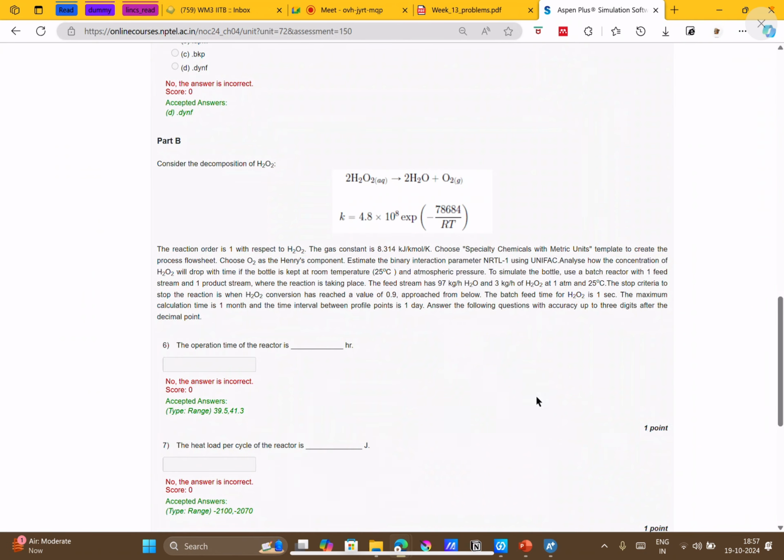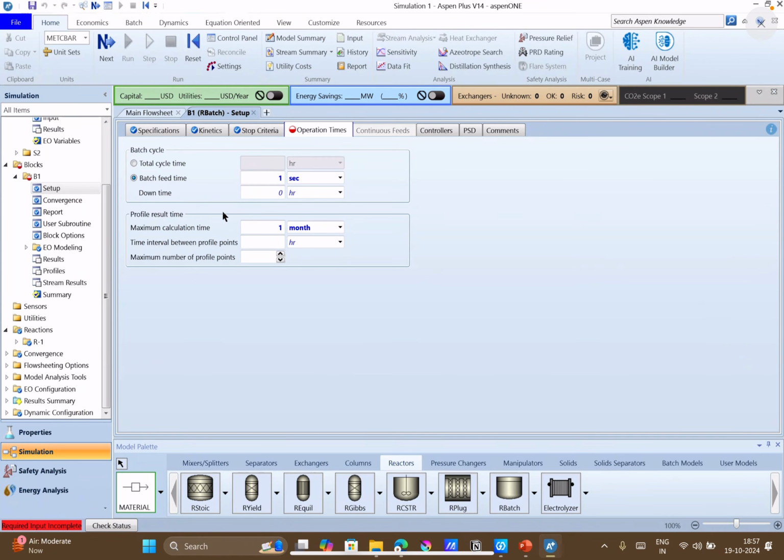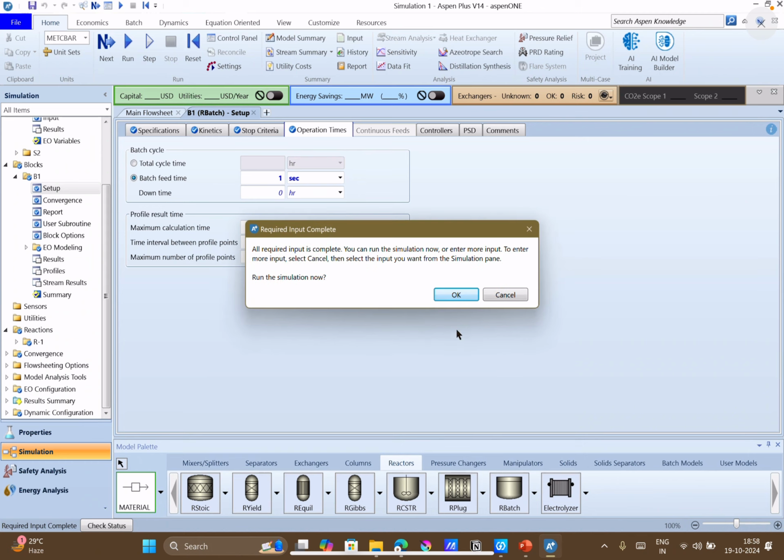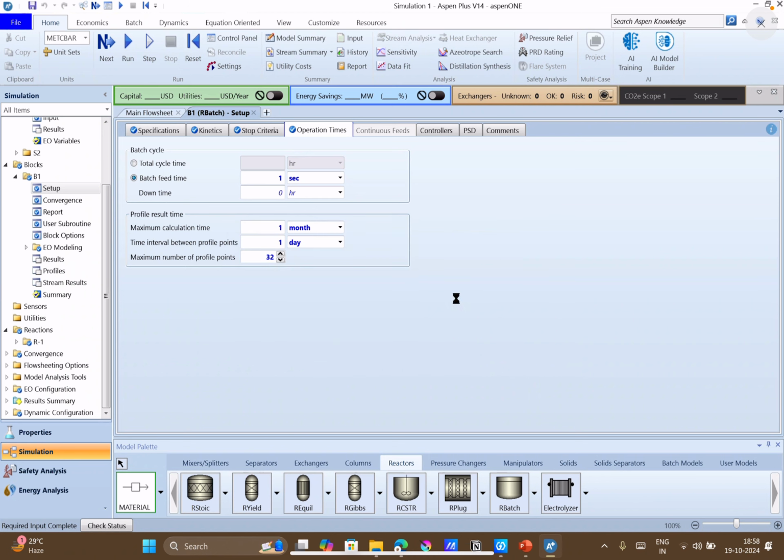Okay. And time interval between profiles is 1 day. So let's put it as 1 day. Okay. All the data are complete. Now let's run the simulation.